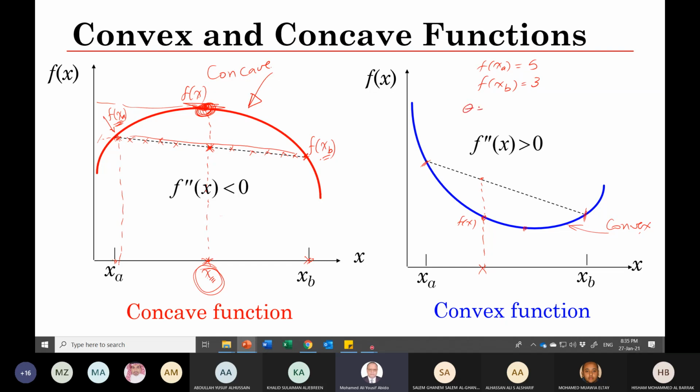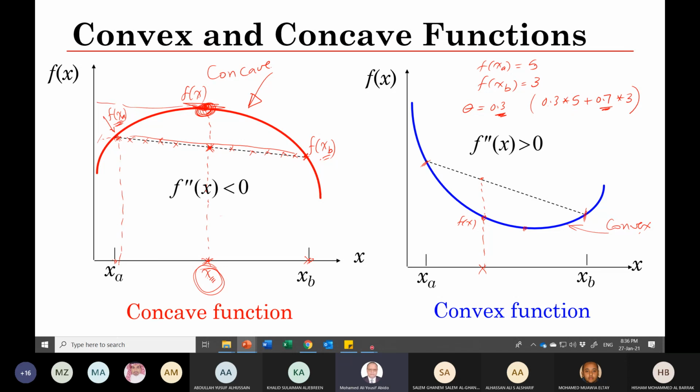For example, if you take theta equal to 0.3, this equals 0.3 times 5 plus 0.7 times 3. This is theta, and this is 1 minus theta.